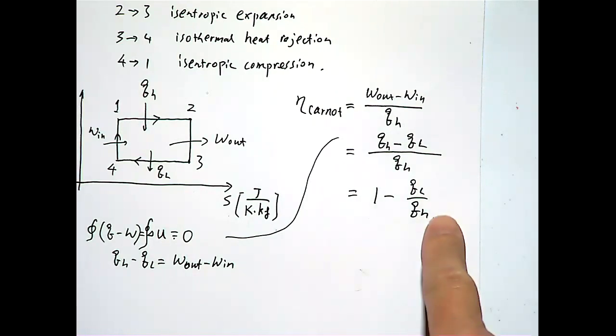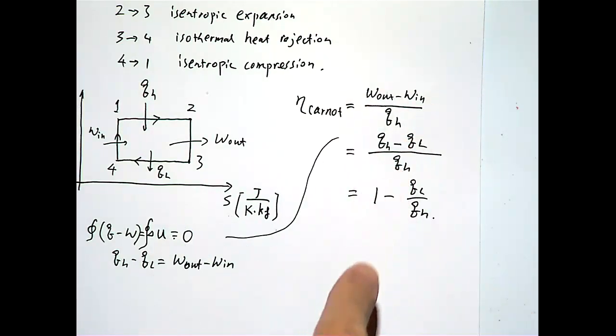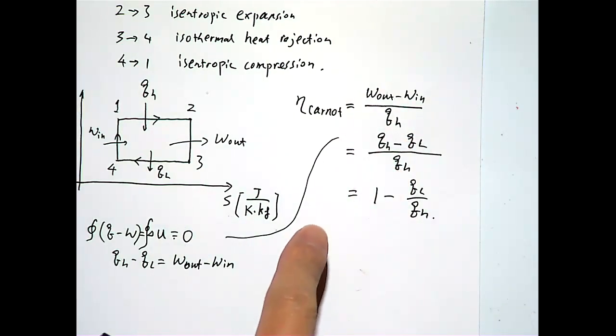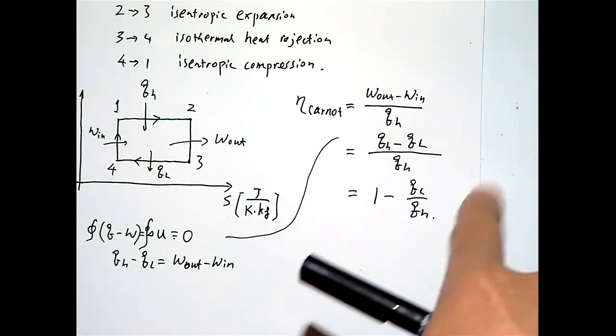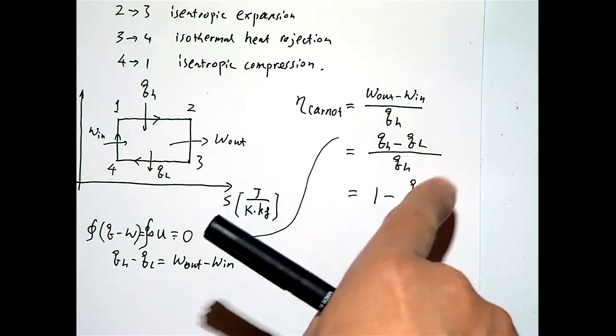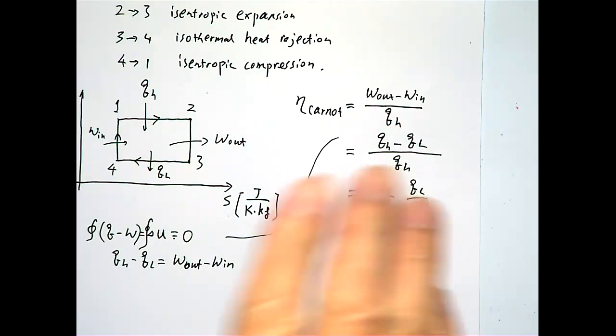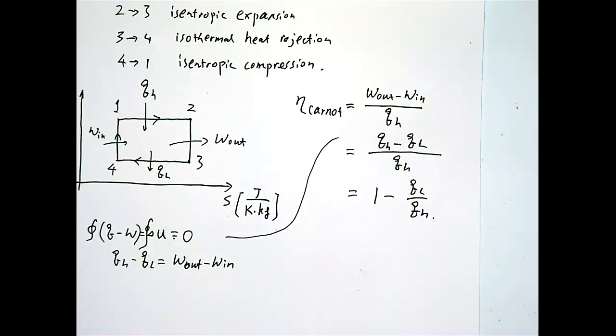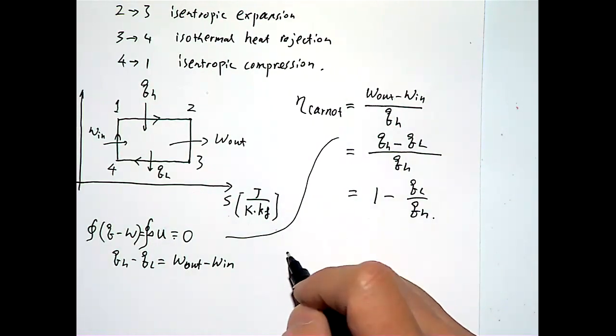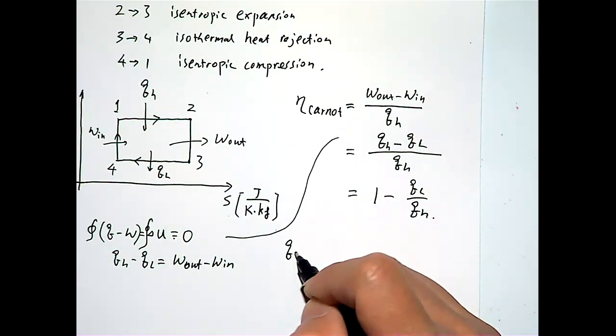So this one sets the theoretical limit for a heat engine. And this one is not so straightforward. We can further simplify based on this theoretical cycle. Let's say the QH first.